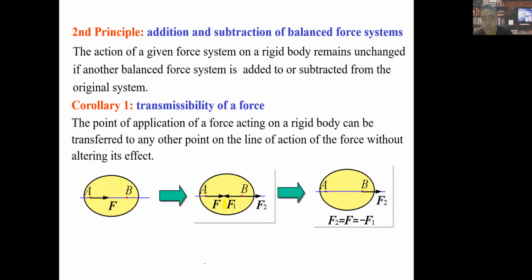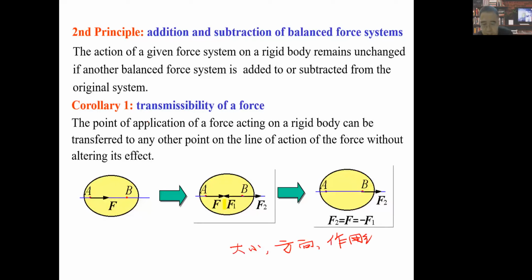So maybe I can write in Chinese here. Three factors can change into magnitude, which is 大小, direction, which is 方向, and we can change point of application into line of application. That means 作用线.